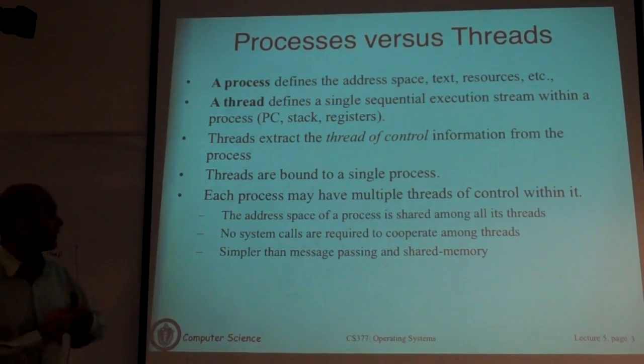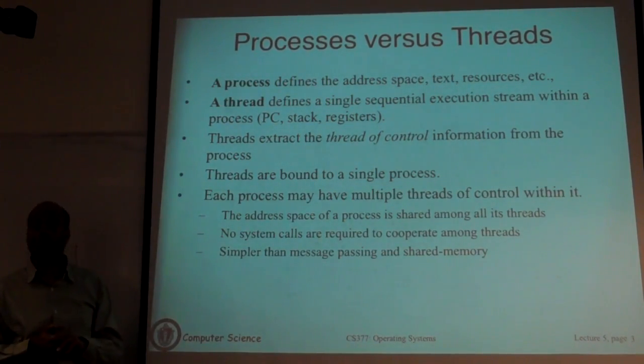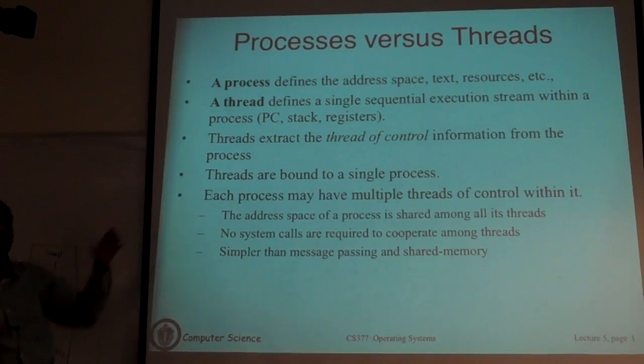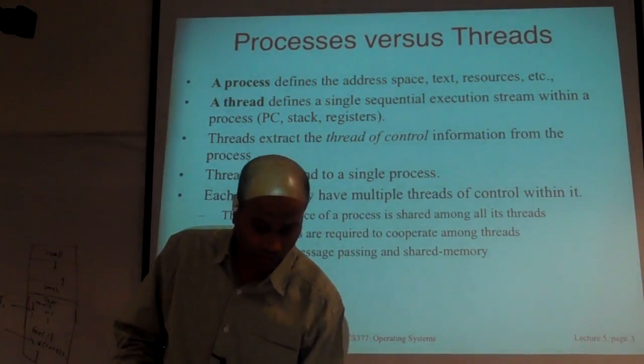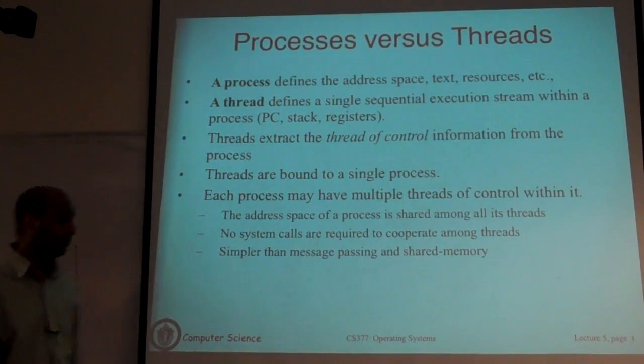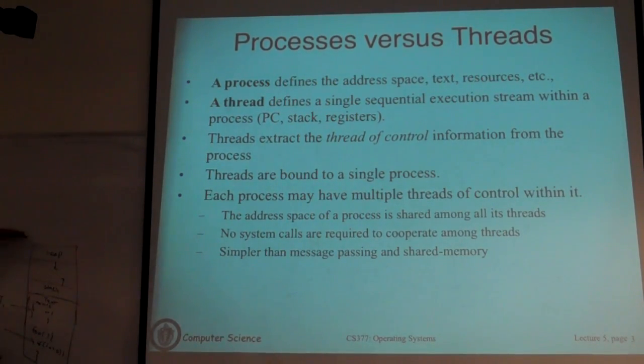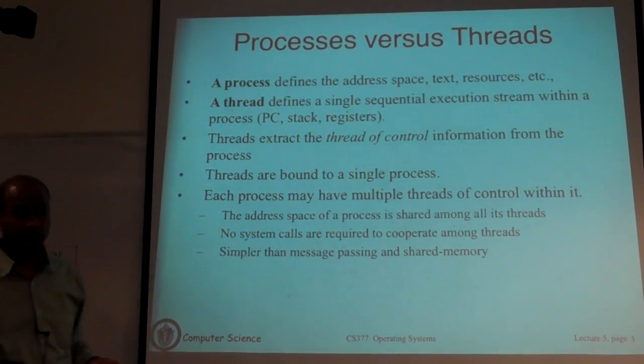Okay? So threads extract the thread of control information from the process. You can have multiple threads bound to the same process. The thing to keep in mind is all of these threads share the same address space. Okay? They share the same code segment. They will share the same heap. All the global variables will be shared.